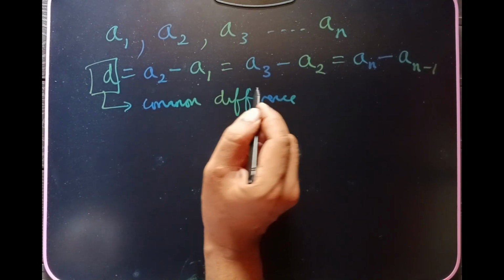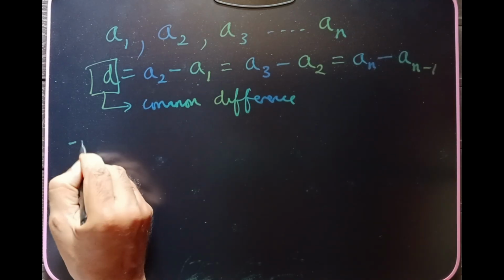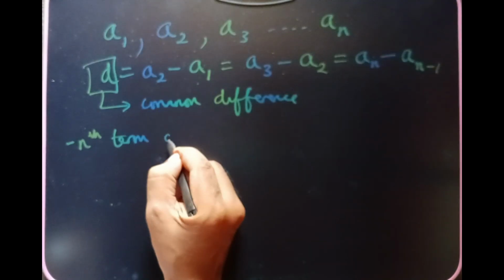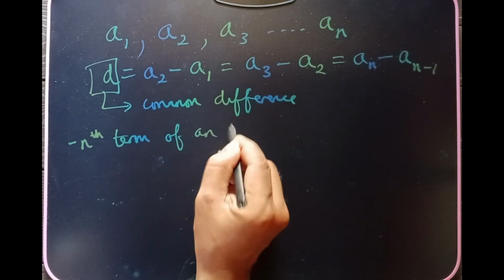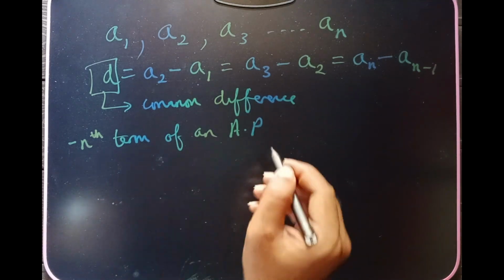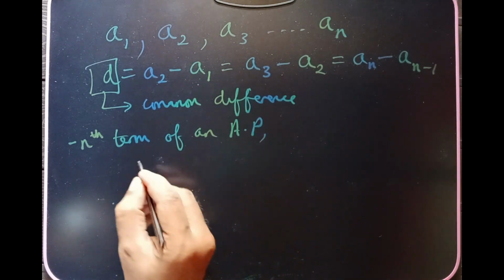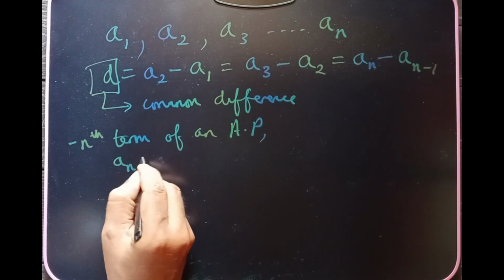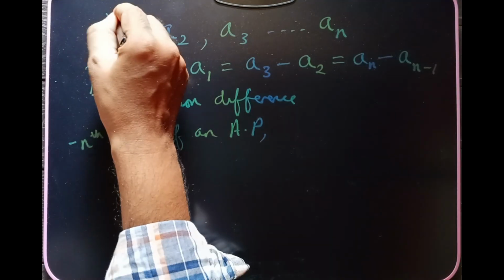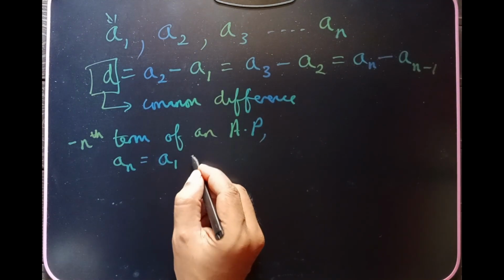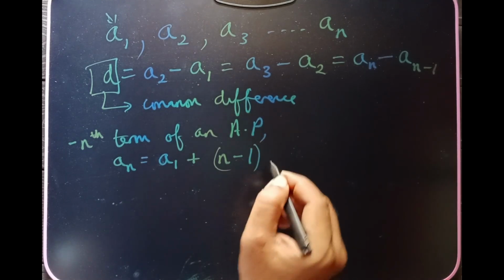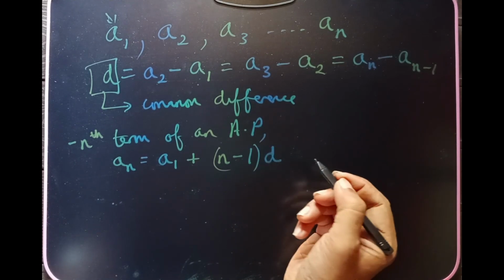Now, can we identify the nth term? If you want to find the nth term of an arithmetic progression, an is equal to the first term, a1, plus the number of terms minus 1 multiplied by the common difference.